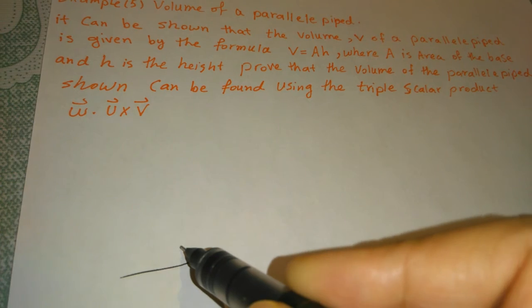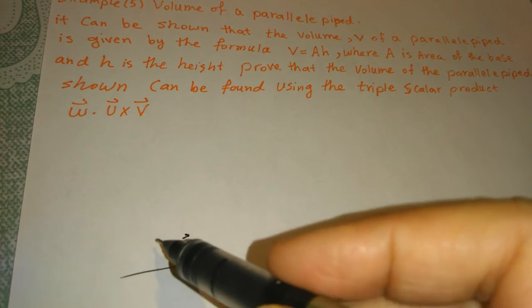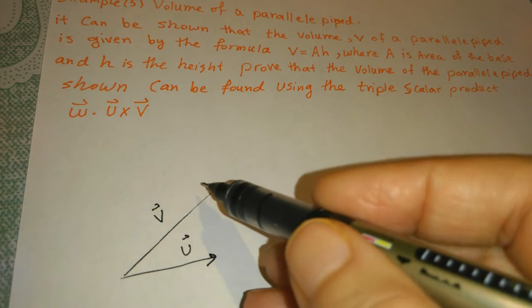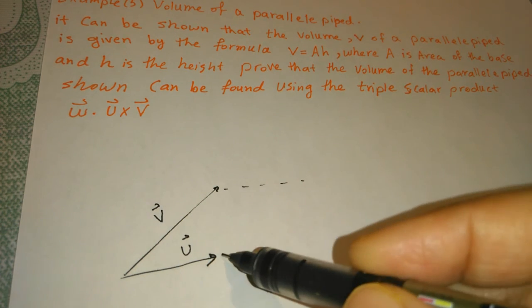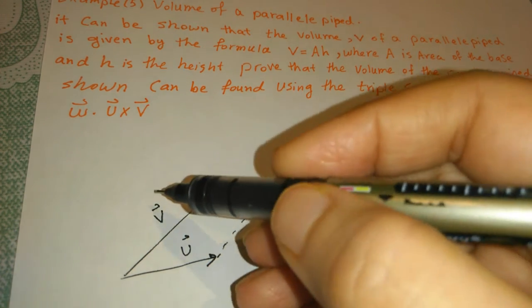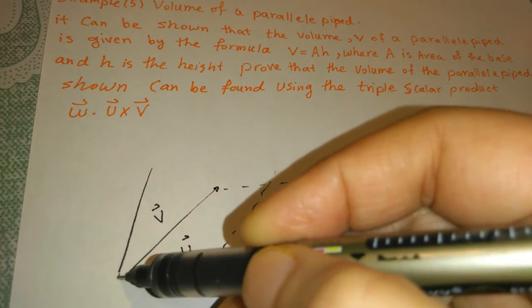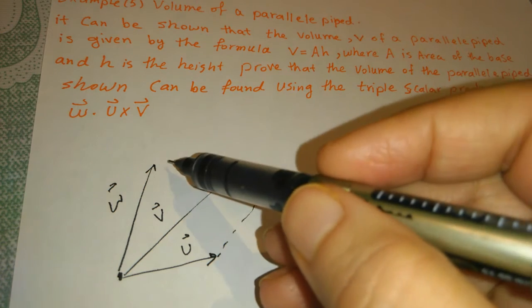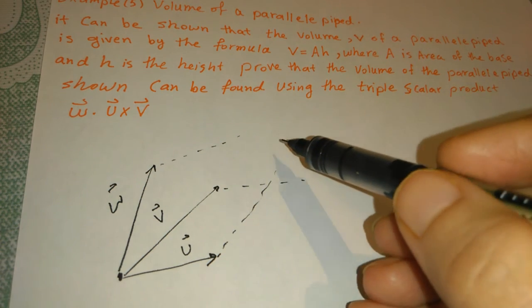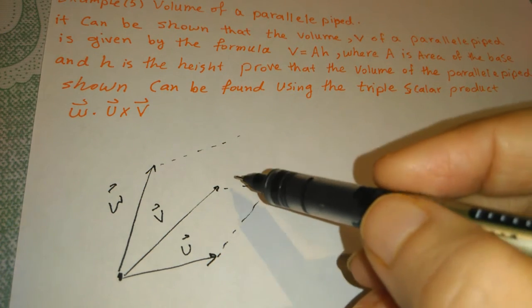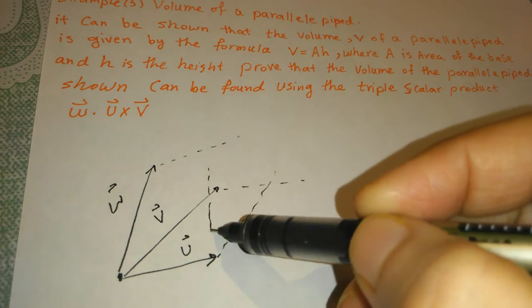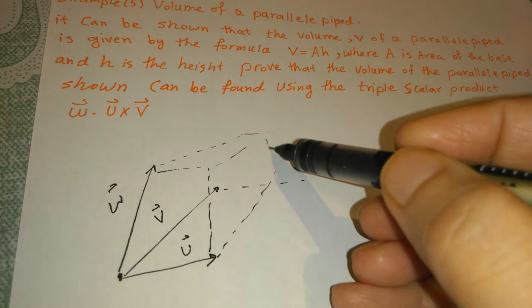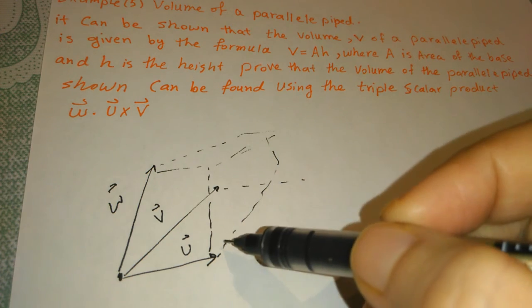This is U and this is V. The parallelogram has a base. Let's say this is W. And I'm going to do it like that. I'll try my best to draw this.